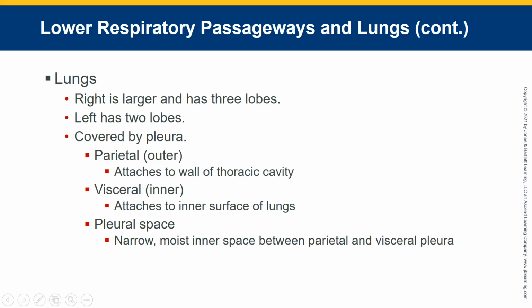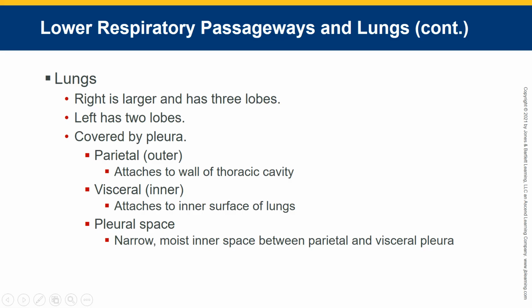And so the two linings that I just talked about, one is called the parietal lining, or the pleura, the parietal pleura. That attaches, the lining is attached to the thoracic cavity itself, so it lines the thoracic cavity, whereas the visceral lining covers the lungs.